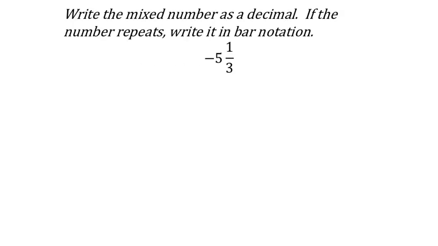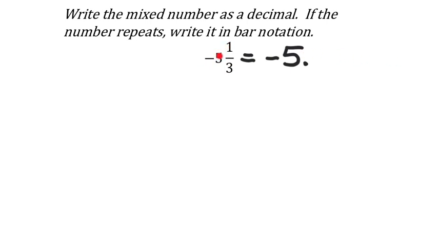All right, what about changing a mixed number into a decimal? Well, a mixed number is pretty much the same, but remember with our steps there, this -5 whole number is going to stay as part of our decimal. It's just -5 point something. And the decimal is what we will get from the 1/3 here.